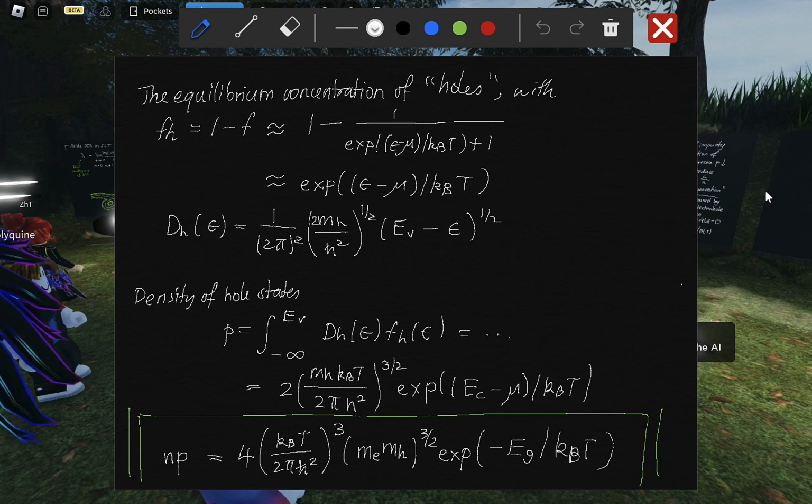So I suppose you could read this combined as saying, here's an argument based on the equilibrium assumption of the number of holes and photons that suggests that the product NP only depends on the temperature, and that is consistent with this formula that's in the box, and that moreover computes it explicitly as a function of T. So you could read these as two separate derivations of the fact that the product NP only depends on the temperature, I suppose.